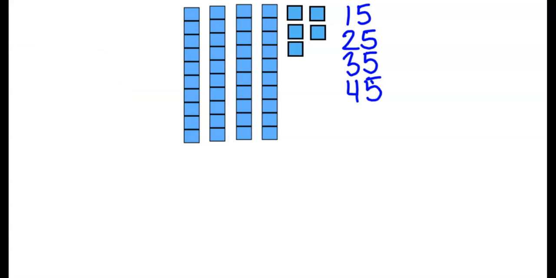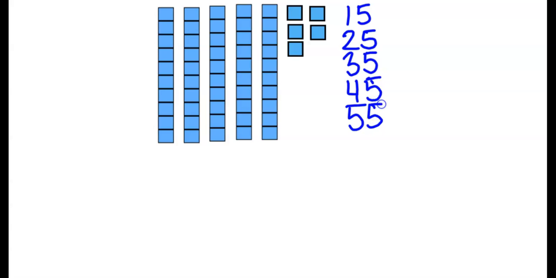And if we increase by 10 every time, is the tens place going to increase every time? Let's see, 10, 20, 30, 40, 50, and 5 more is 55. Yes, it did, because I added one more 10.